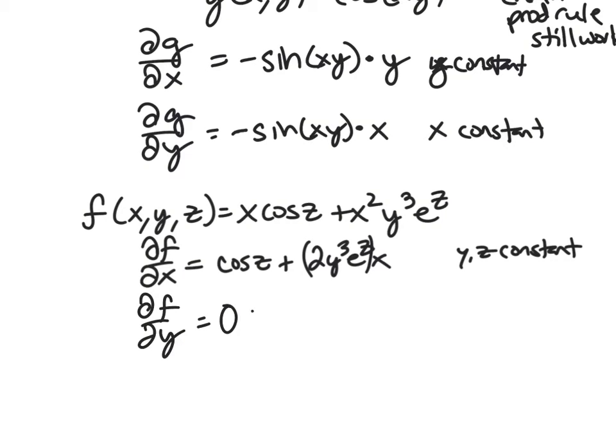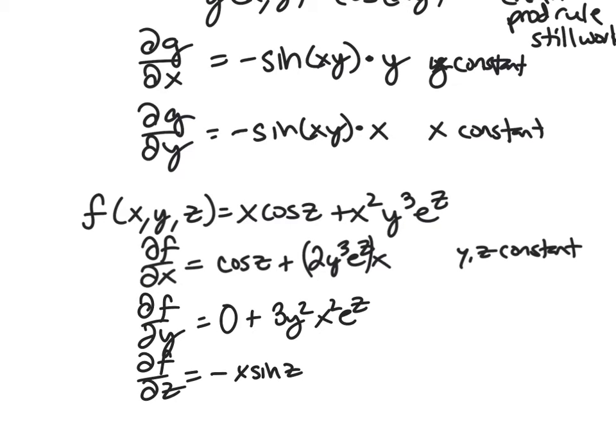And then the second one, you've got 3y squared times your constant x squared e to the z. And then finally, with respect to z, cosine of z becomes negative sine z, so negative x sine z, plus, well, e to the z just stays at e to the z, and the constant hangs around out front. So that doesn't really change, okay?